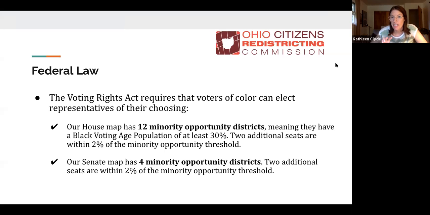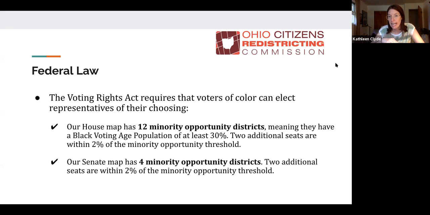Then we have 2 additional seats on our House map that are within 2% of that 30% threshold. And just to give you a sense, 30% is the floor. There are districts that go much further in their minority representation, but it runs the gamut. 30% is the bottom of those 12 districts.